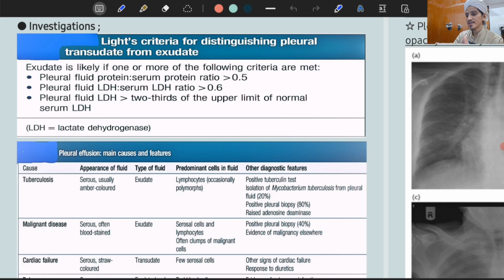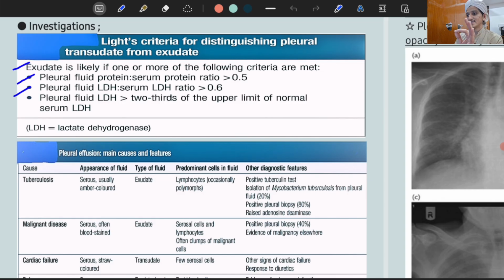How will you differentiate? The pleural fluid is likely exudate if one condition is met among these 3. If the pleural fluid protein to serum protein ratio is more than 0.5, then it is exudate.